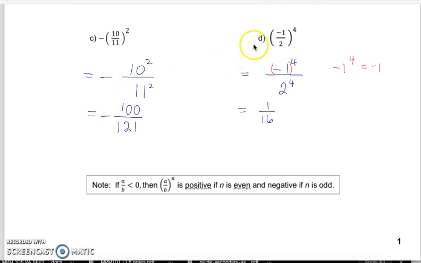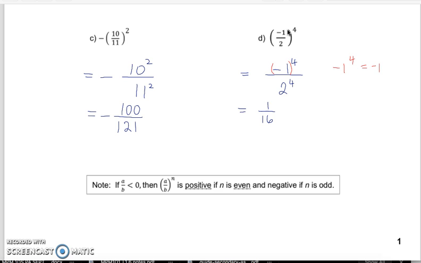D. We have negative 1 over 2 to the power of 4. So this is a repeated multiplication of negative 1 over 2. If we remember the rule, if I have an even number exponent, like 4, and a negative number, whether it's a whole number or a fraction, as the base, the final answer should be positive.